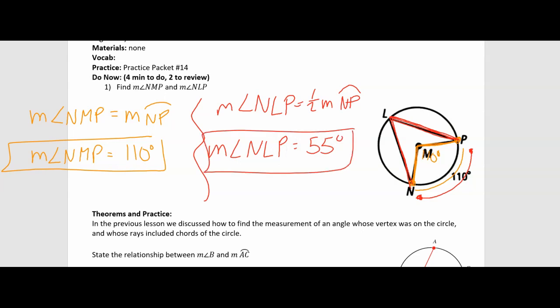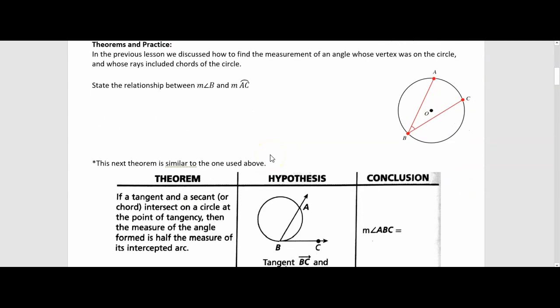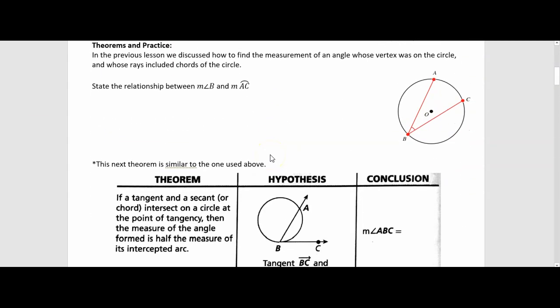All right, now that our brains are in gear, let's tackle our first theorem. We already talked about this relationship up top. The relationship between the measurement of angle B and the measurement of arc AC. B is going to be 1/2 the measurement of arc AC.